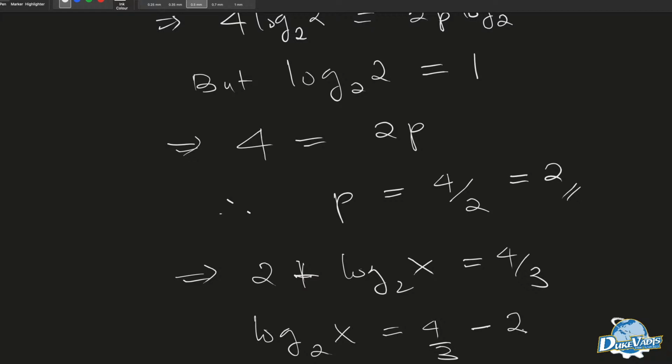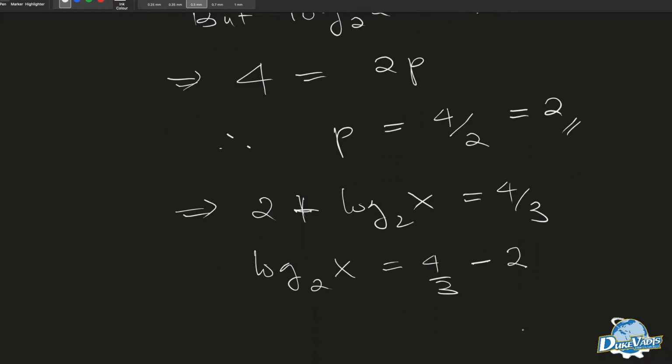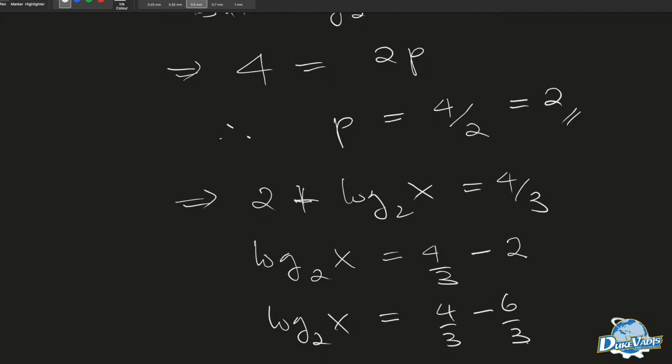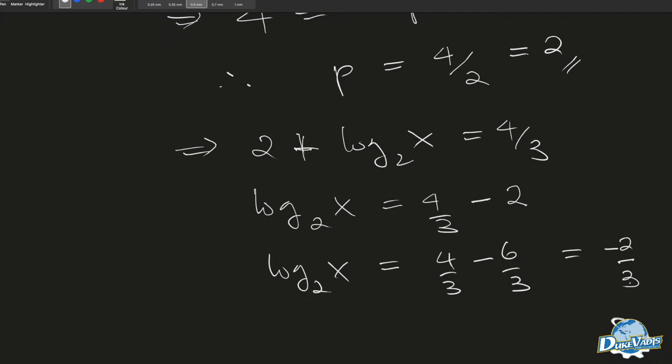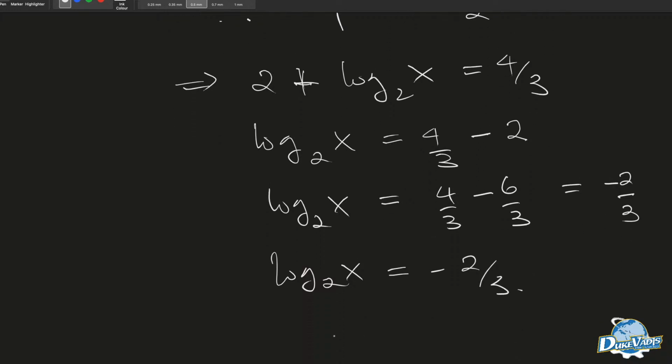Now, log 2x is equal to 4 over 3 minus 6 over 3, which is equal to negative 2 over 3. Our answer for x will be 2 raised to the power negative 2 over 3. Have you seen it? As simple as that.